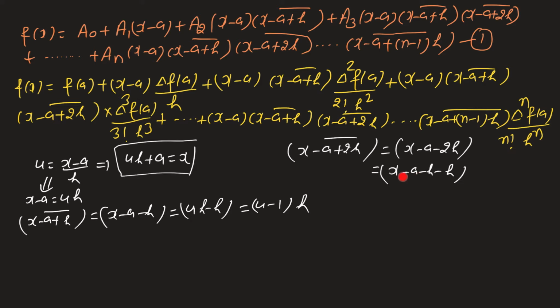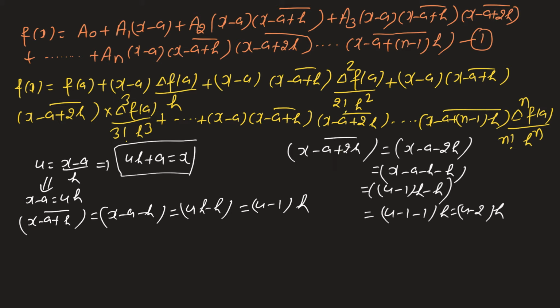So at this place I am going to put (u minus 1)h minus h. So this will be (u minus 1)h minus h, which is equal to (u minus 2)h. Now look over here, when here is x minus a plus h, the h coefficient is 1, so here is (u minus 1)h, the h coefficient is 2, here is (u minus 2)h.